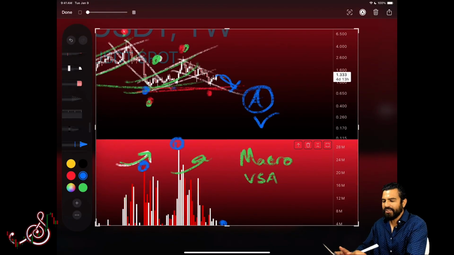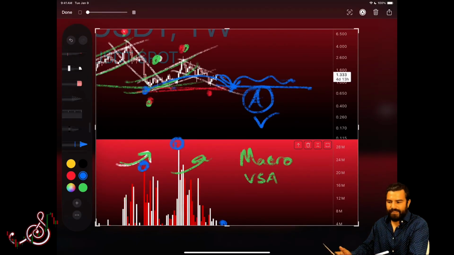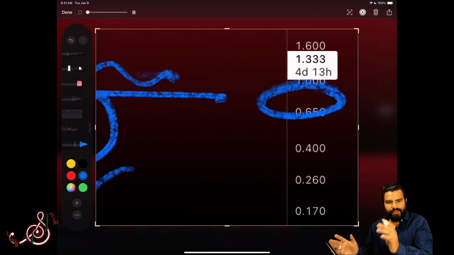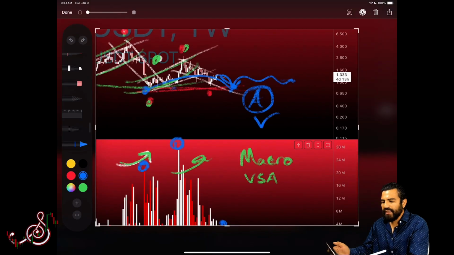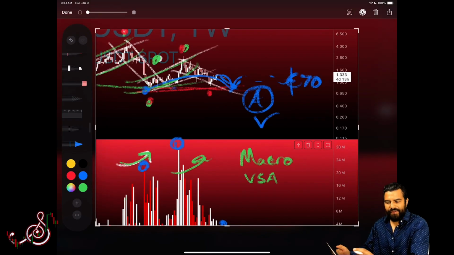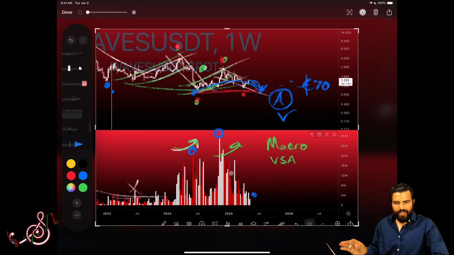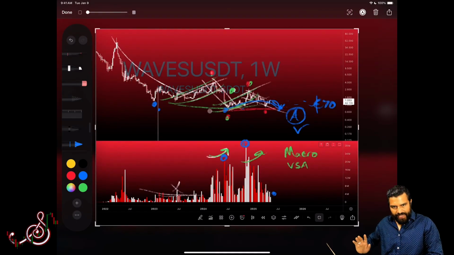If I'm challenging these lower areas again, such as, what is this, 70 cents, somewhere around the 70 cents area, and I'm seeing that the volume is still very high as we challenge these areas, then that means that even if it's buying, they're not going to succeed. Most likely you're going to see lower prices.